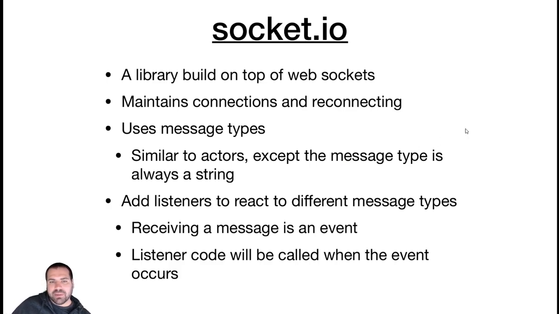So the message type and the message are always going to be strings here, but we're going to send messages with some string type and then some string message attached to that type. So we'll be communicating with strings. Again, this is the internet.